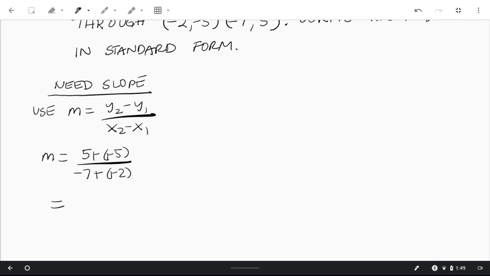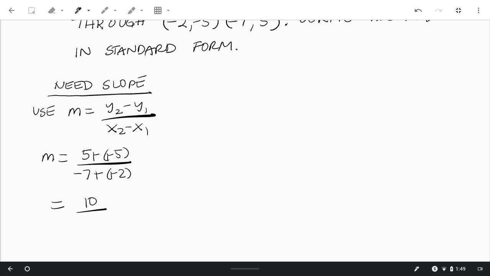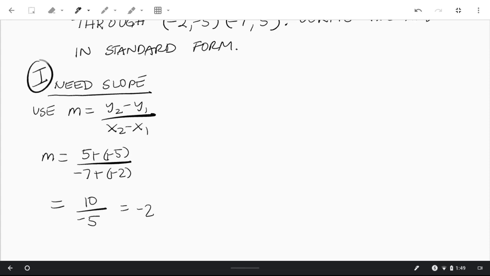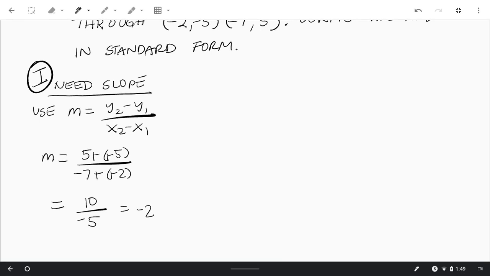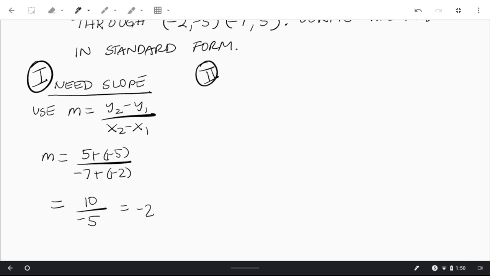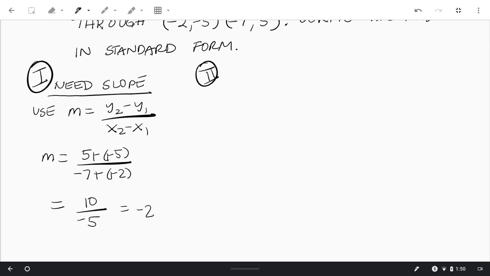And down below, negative 7 plus 2 is negative 5, in which case our slope is negative 2. So now that we have our slope, that's part 1, getting your slope. Now part 2, you do what they're asking you to do, which is write the equation.